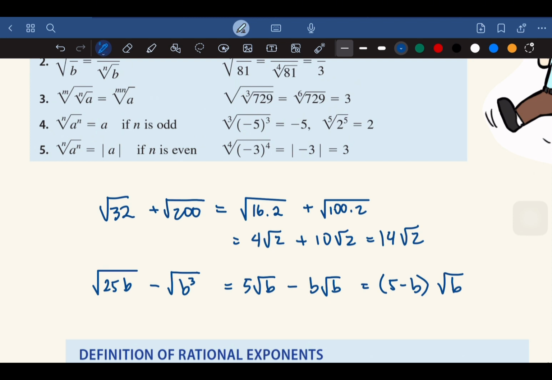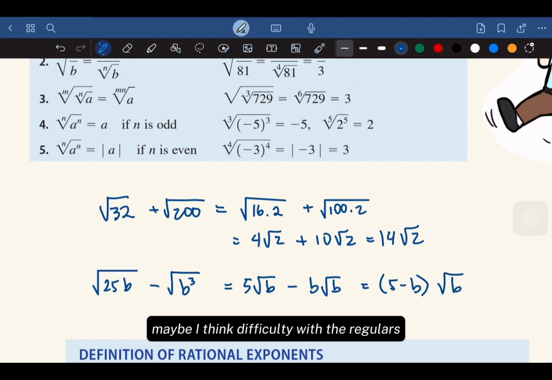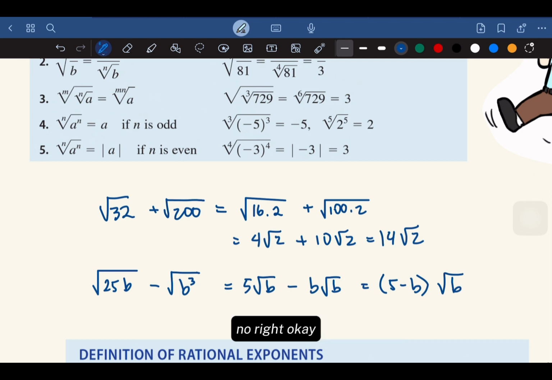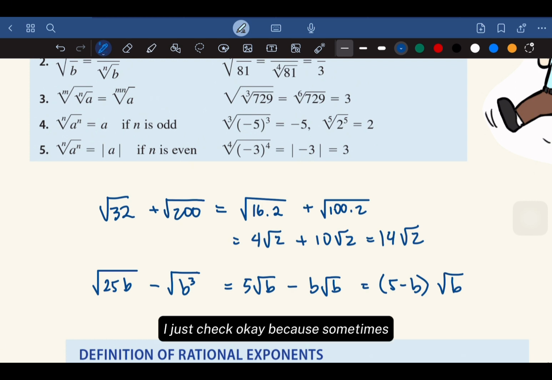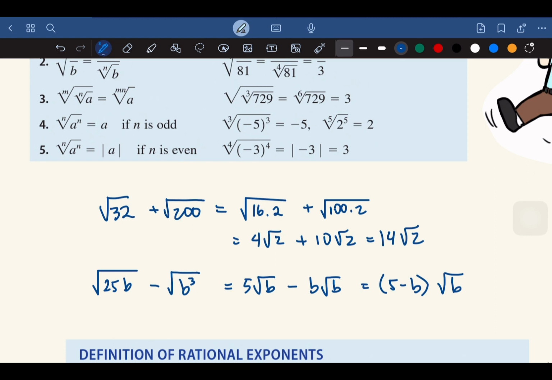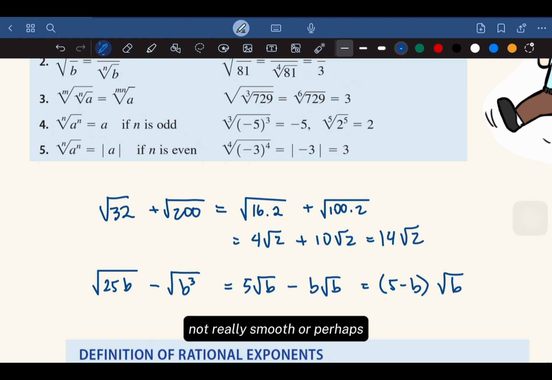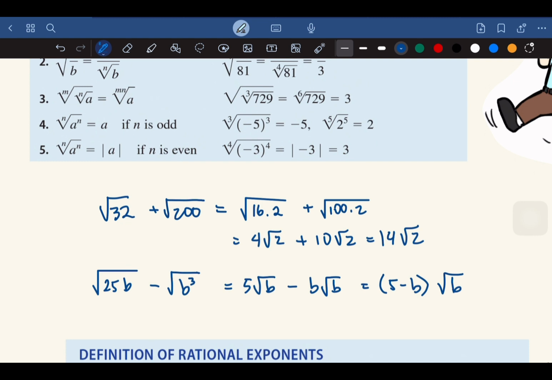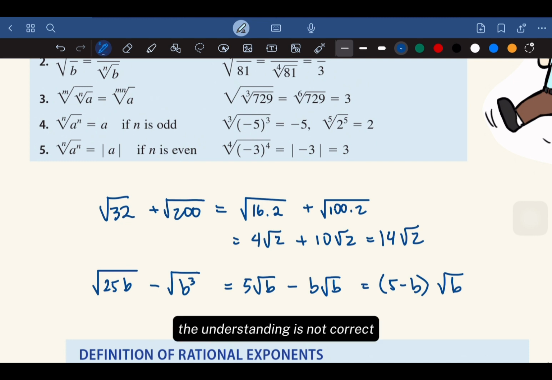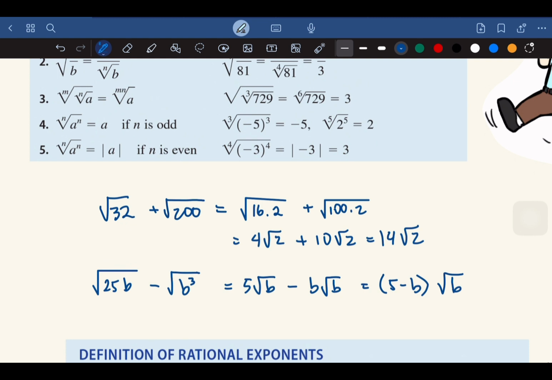Okay, anyone still maybe having difficulty with the radicals? No, right? Okay. I just check, okay? Because sometimes you learn something from basic, and then maybe it's not really smooth, or perhaps the understanding is not correct, and then you are maybe in the second year or the third year, but you don't have these fundamentals.